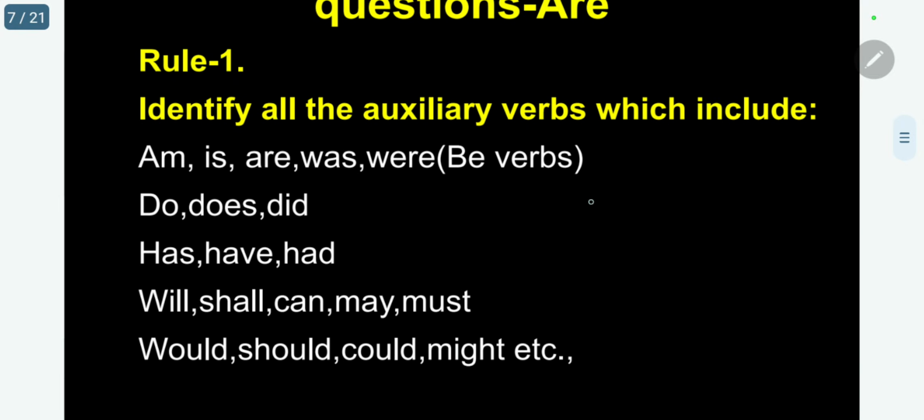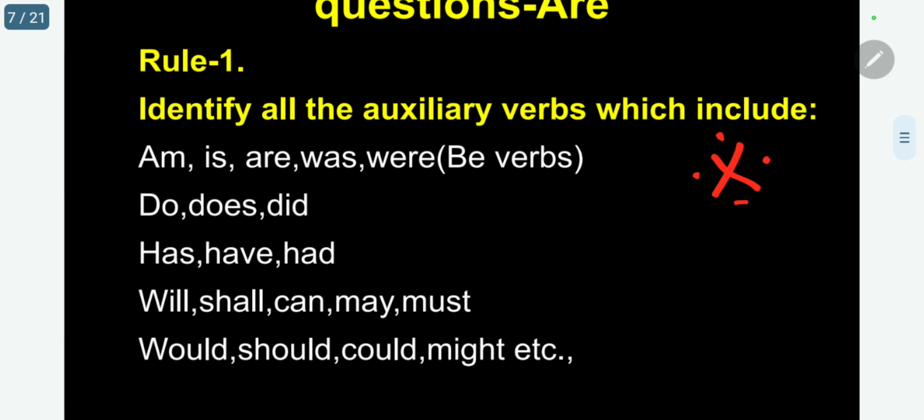Now, under this, you have to follow some rules. When you are raising questions using auxiliary verbs to get yes or no answers, you have to follow some rules. Rule number one: first, identify all the auxiliary verbs which you include. Very, very important.